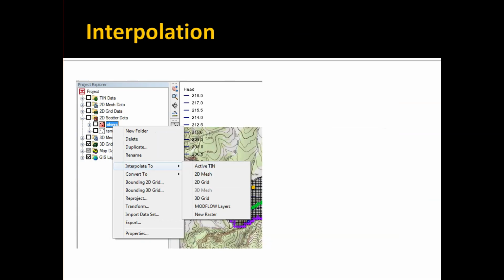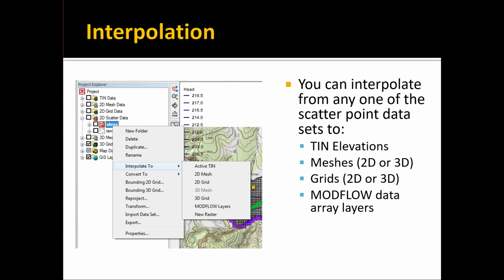Now, once your scatter points have appeared, they will show up in the Project Explorer window under the 2D scatter point data folder, and then you can right-click on those and select Interpolate to, and then you can interpolate to any one of these objects: a 2D mesh, 2D grid, or 3D grid.